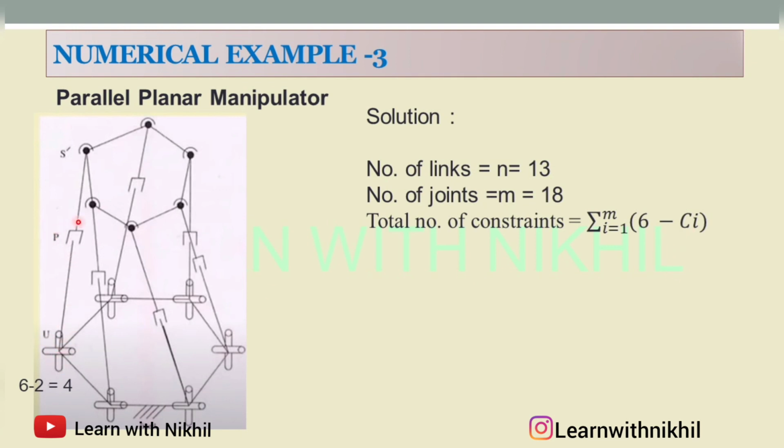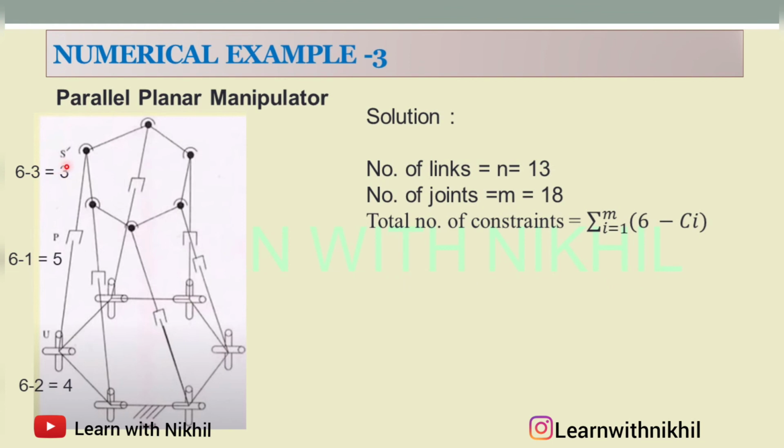Now as you know, for the prismatic joint you have 1 degree of freedom, connectivity is 1. So 6 minus 1 will be 5. So it has 5 constraints. The spherical joint has 3 degrees of freedom. So 6 minus 3 is equal to 3.